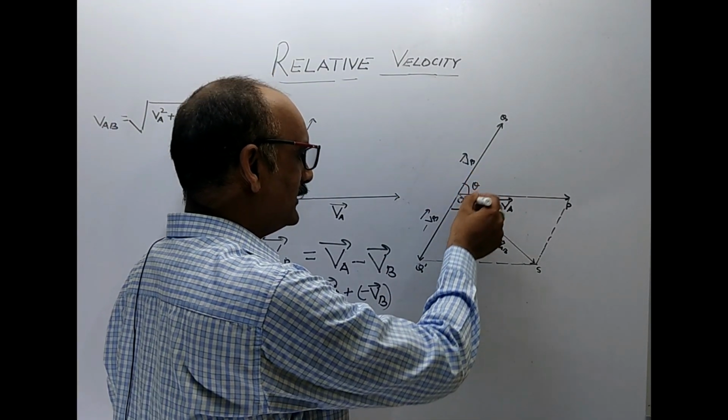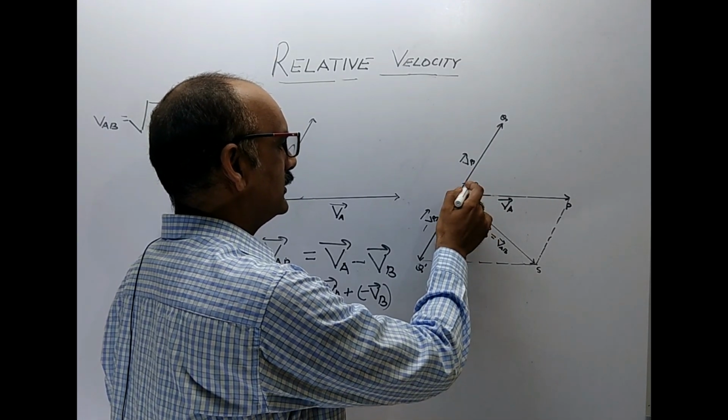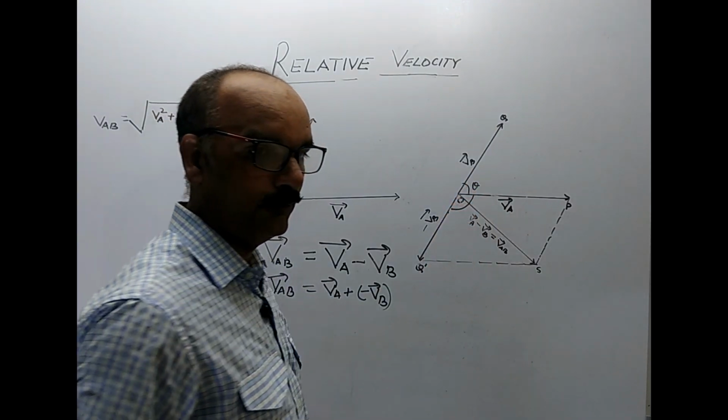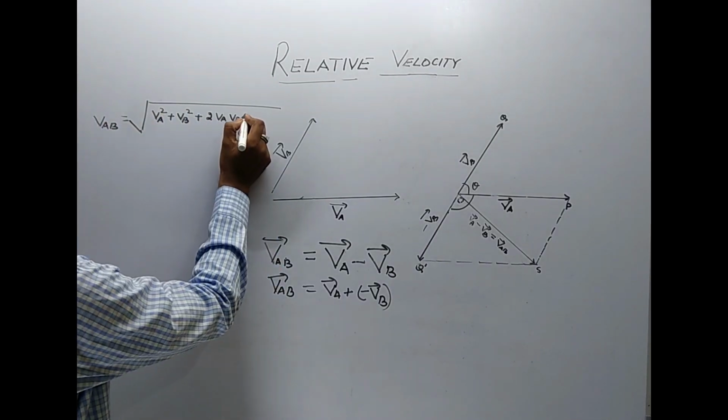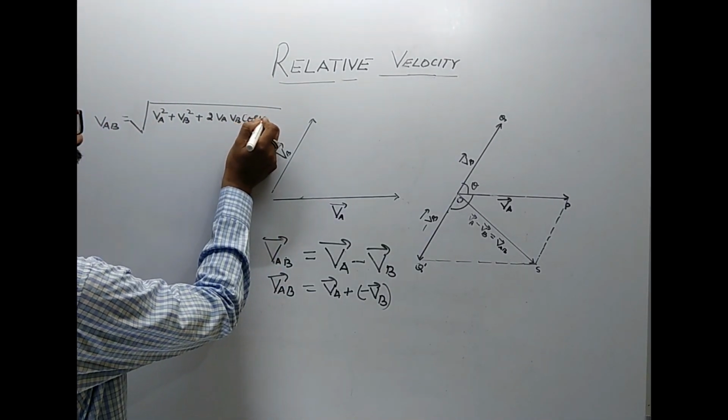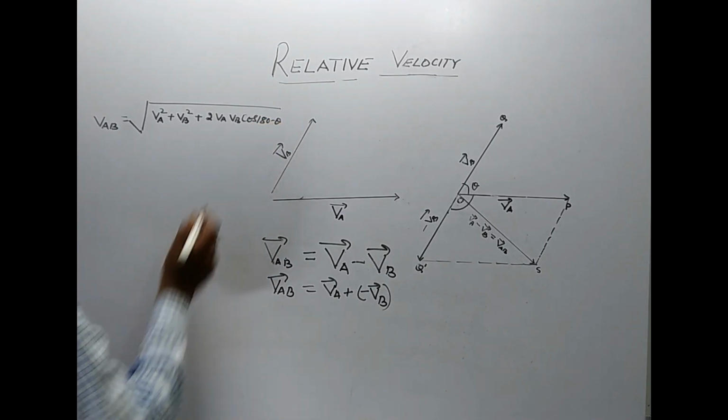Whole angle is 180 degrees, this is theta, so this will be 180 minus theta.